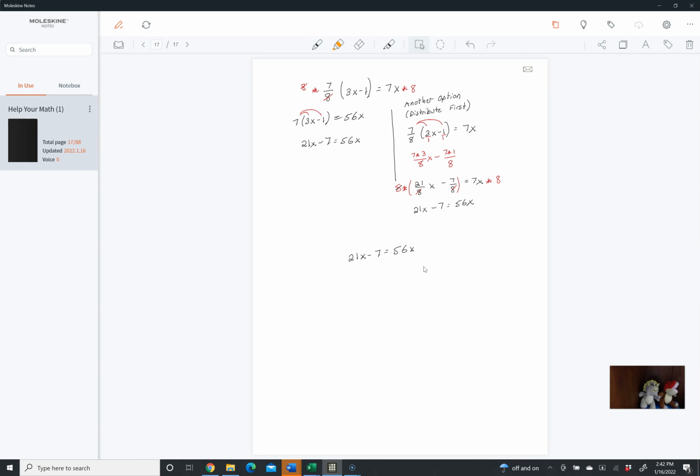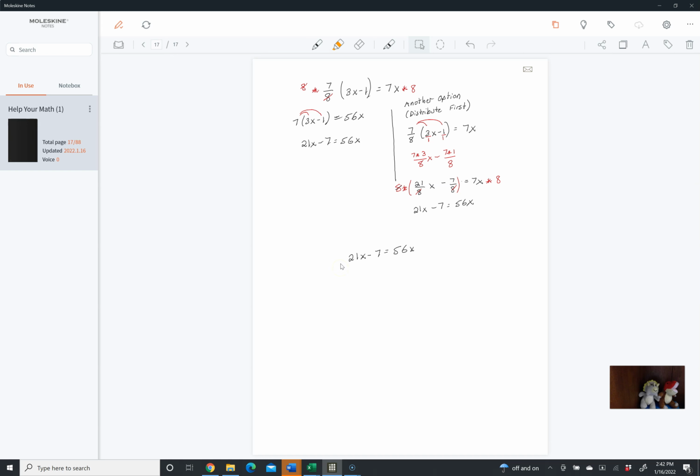Now we already have a constant on only one side, so it makes sense to move the x to the side that we don't have the constant on. So in other words, our -7 is already on the left. There's really no point in moving it to the right. We may as well get rid of this 21x on the left and save ourselves some time.